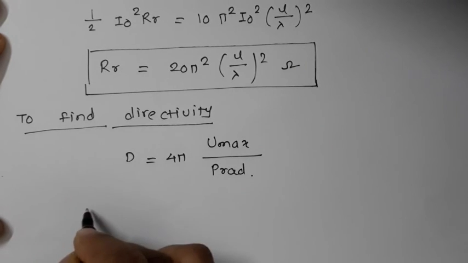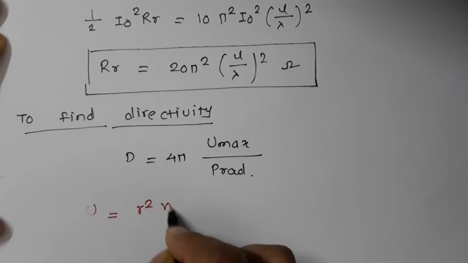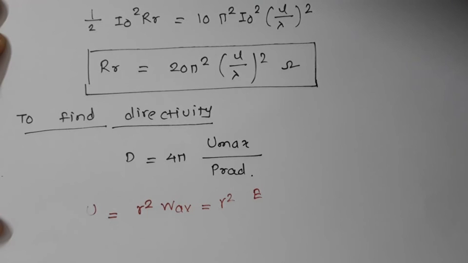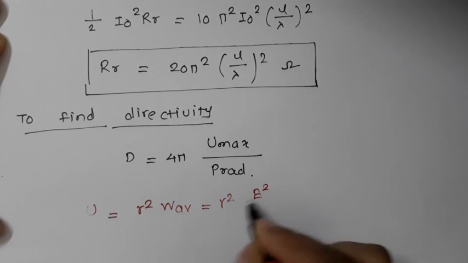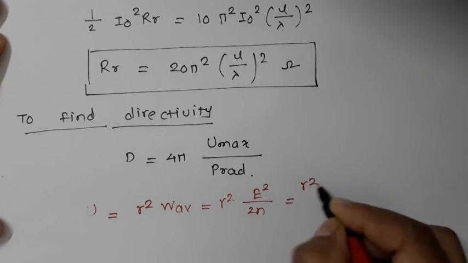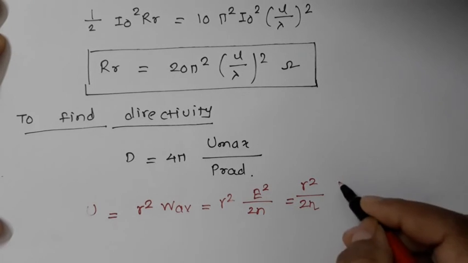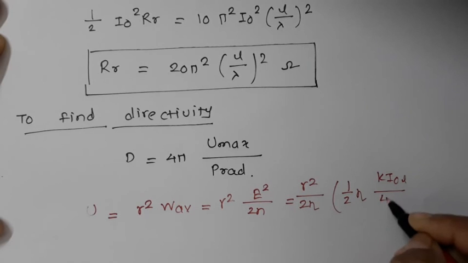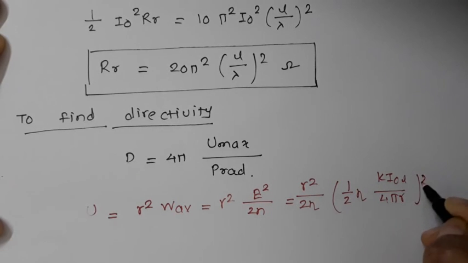U is equal to R squared W average, which is nothing but E squared by 2η times R squared. So you can write 1 half η (k I0 L by 4π R) squared.